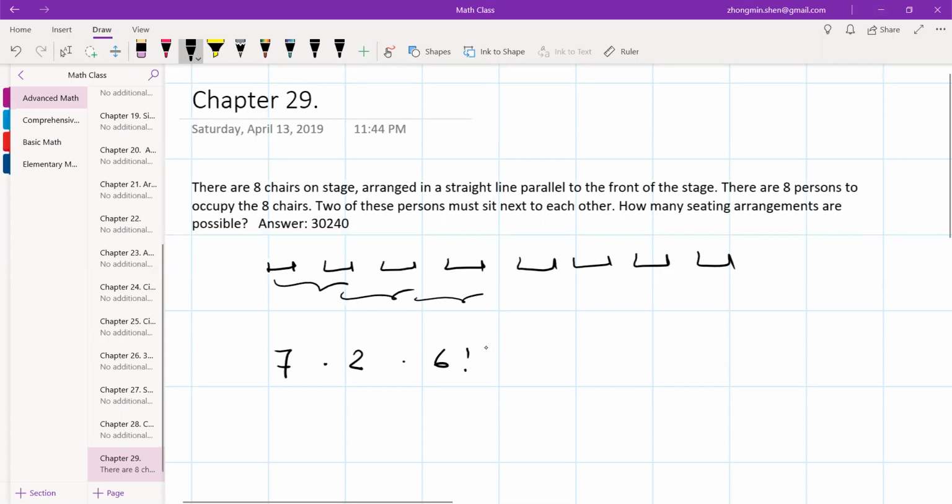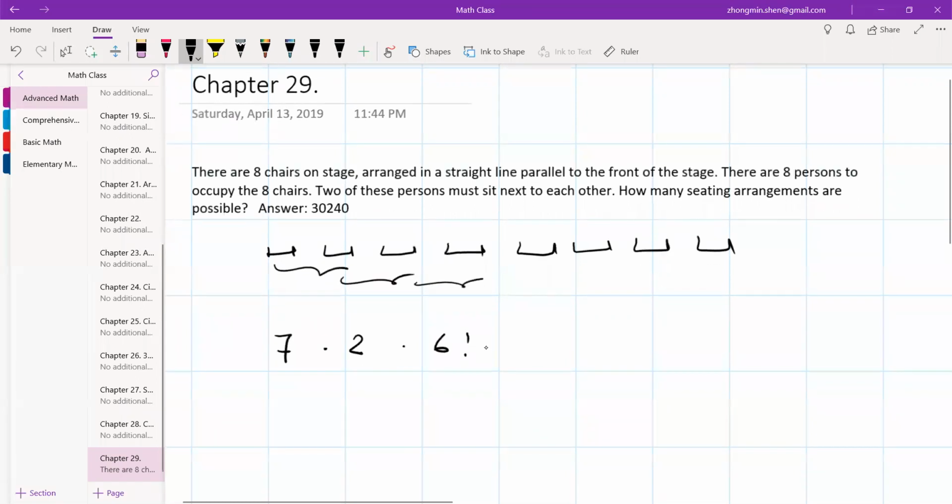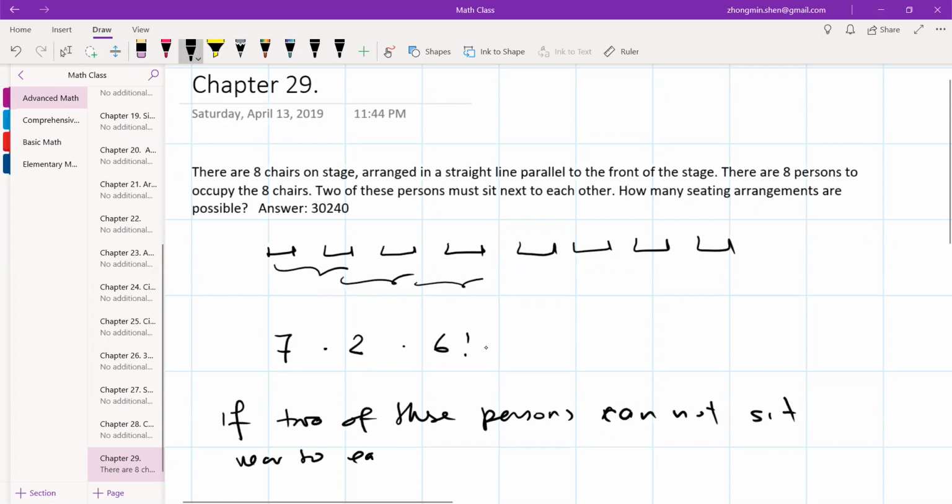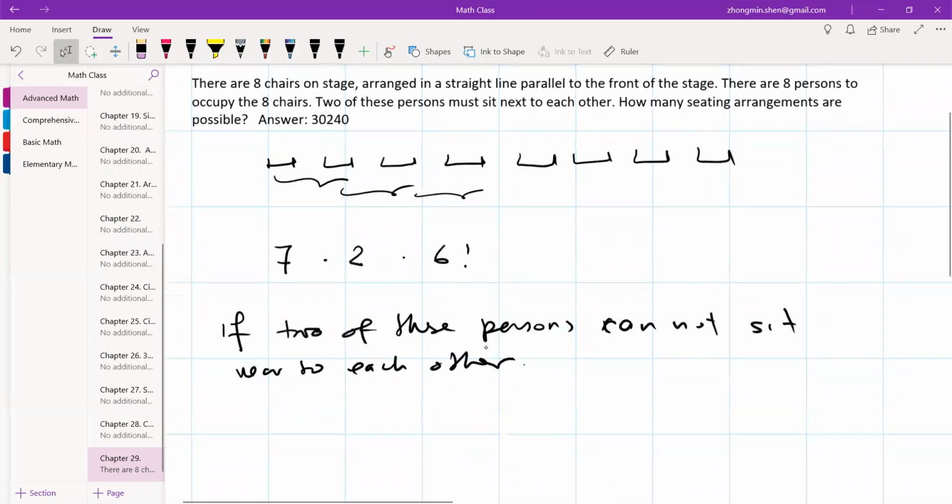Now, if 2 of these persons cannot sit together, then you just take the total number of possible arrangements minus those arrangements.